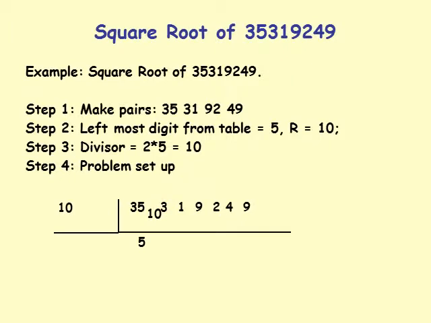Now we need to figure out where the decimal point goes. The number of whole digits in the square root is 4. So these 2 digits give me 1, this one would give me another digit, this one another digit, and this one another digit. That means the decimal point would go right here. We need 4 whole digits in the square root, 4 pairs, 4 digits.